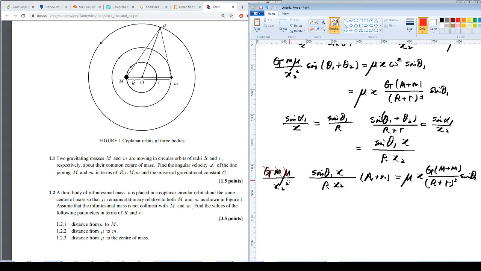G small m mu sine theta 1 x. Oh, I guess we cannot cancel small m. So G mu sine theta 1 x.